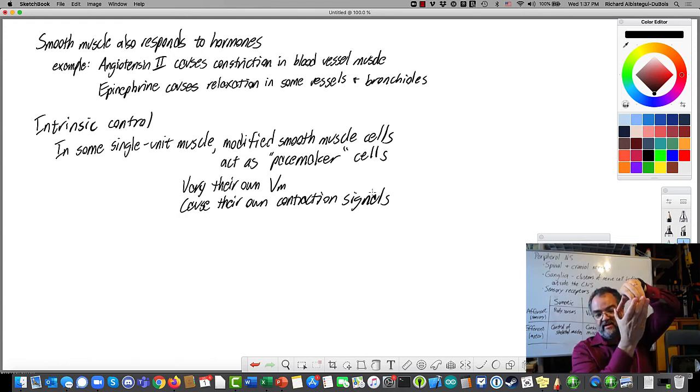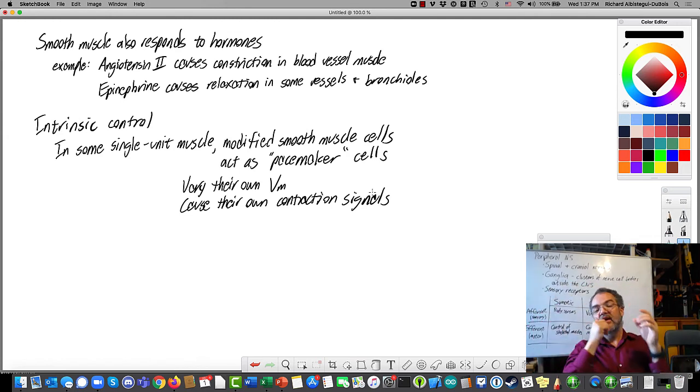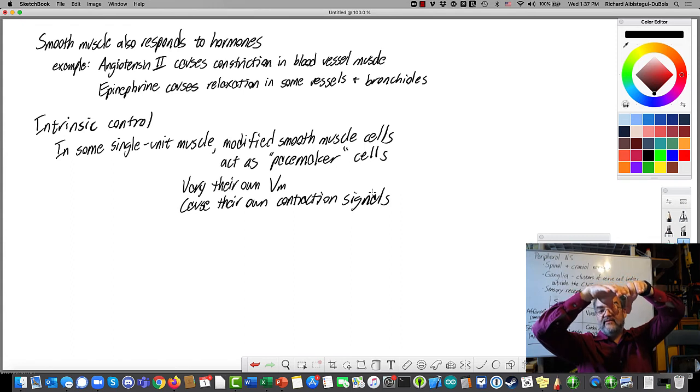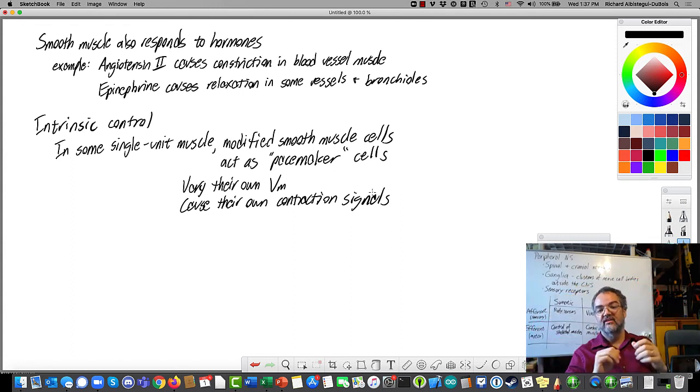So these rings will go contract, relax, contract, relax, when their pacemaker cells tell them to, without anything else giving them the signal. Now imagine if you have several of those rings near each other. If you time the pacemakers right, you could get a wave of contraction that goes contract, contract, contract, which is peristalsis. That's a wave of contraction that can move things along.